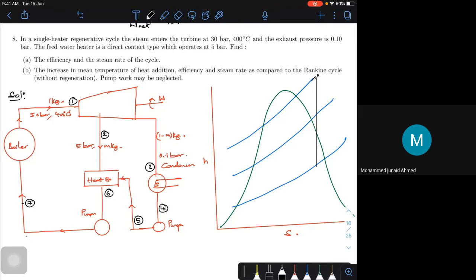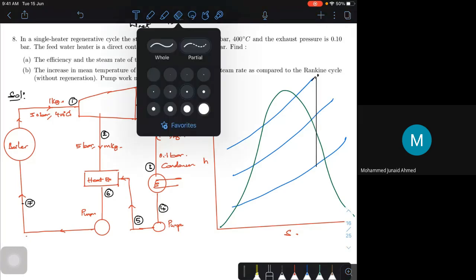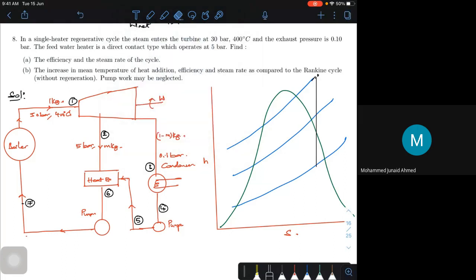If this is point 1 and this is point 2, this is 1 kg of steam, and here also it is 1 kg of steam. This is at 30 bar, this is at 5 bar, this is at 0.1 bar. So what is it that is coming over here? It is 1 minus m kg.